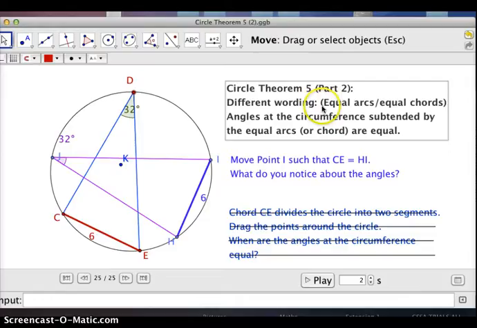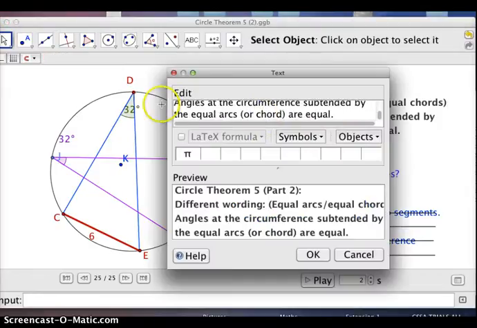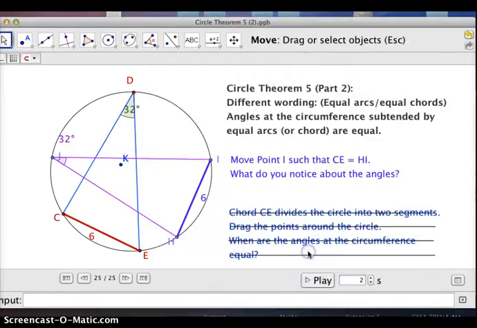All right, so this theorem, and this goes on the lines under Circle Theorem 5, is that angles at the circumference subtended by, sorry, I've made a little mistake, subtended by equal arcs, so I'm just fixing that. So angles at the circumference subtended by equal arcs or chords are equal.